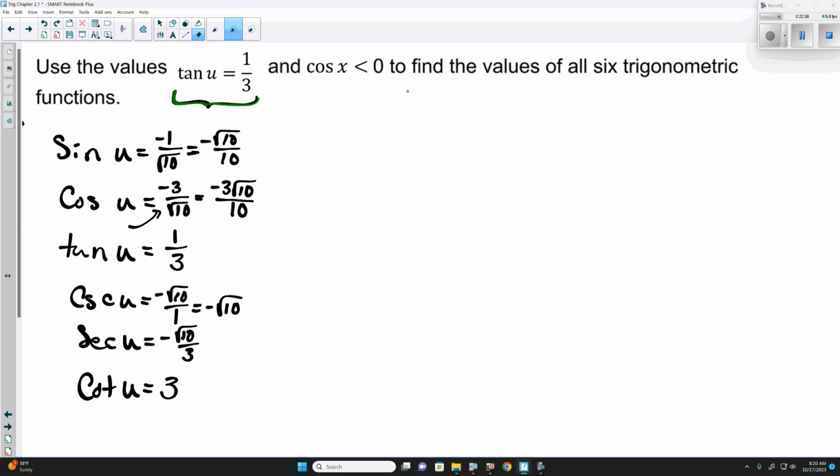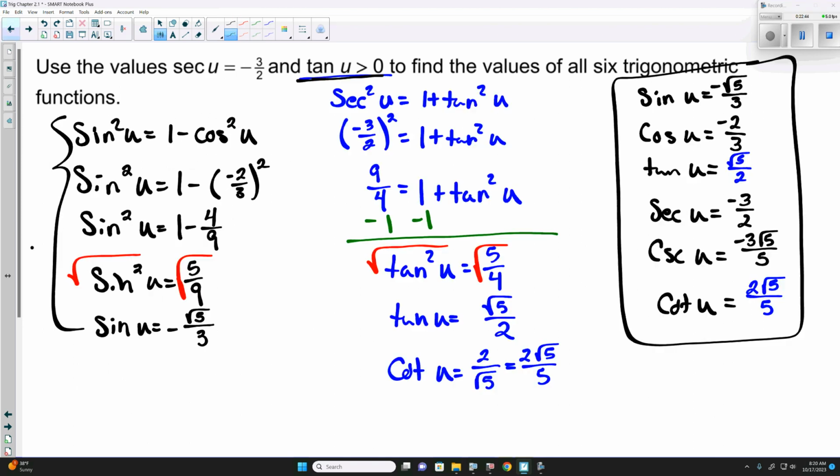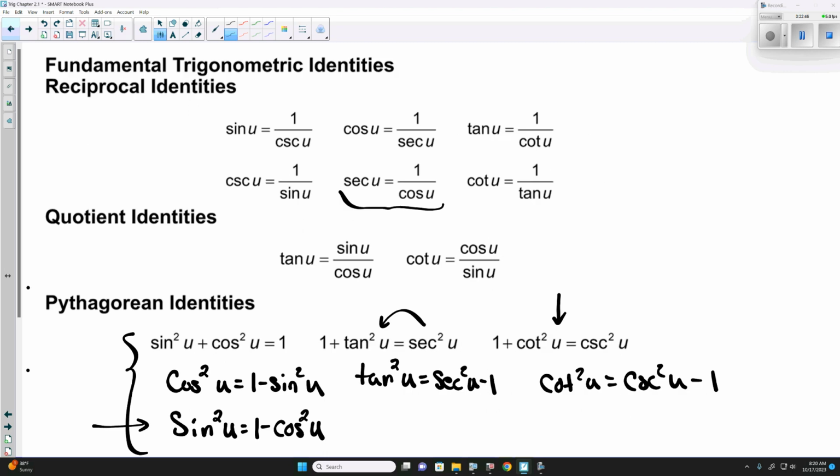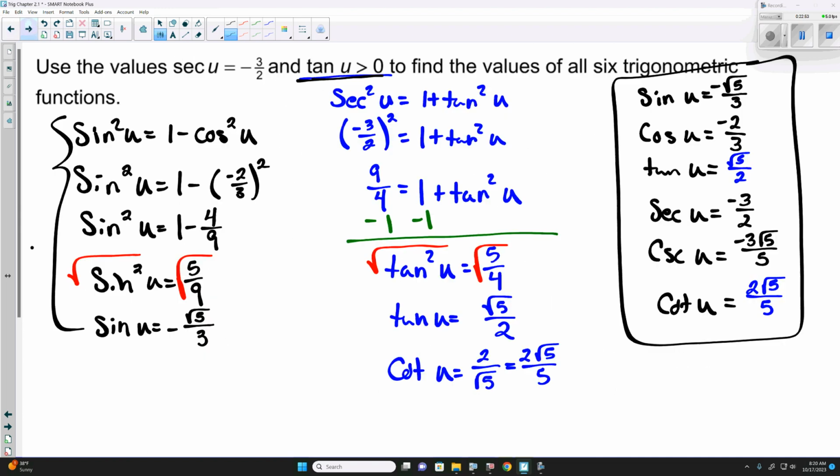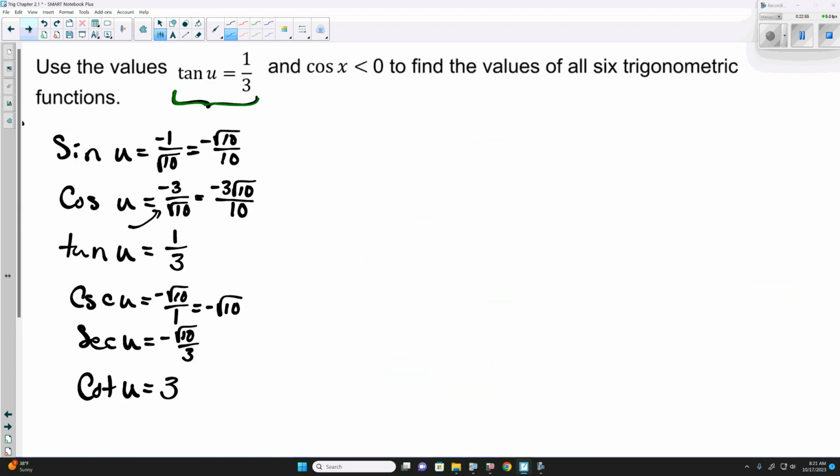Because, I mean, we didn't necessarily have to do it this way. Because we also know that, if we go back here, 1 plus tangent squared is equal to secant squared. Well, I know what tangent squared is.